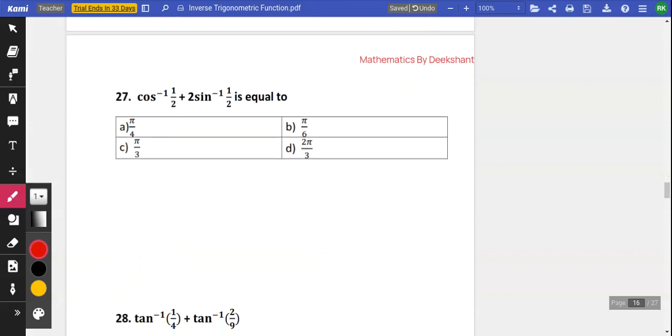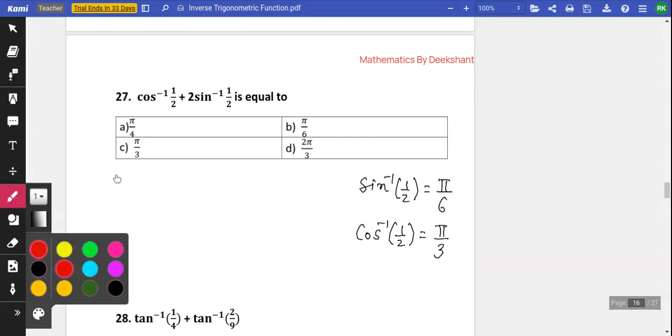Cos inverse 1 by 2 plus 2 sine inverse 1 by 2. Basically sine inverse 1 by 2 is equal to pi by 6, and cos inverse 1 by 2 is equal to pi by 3.